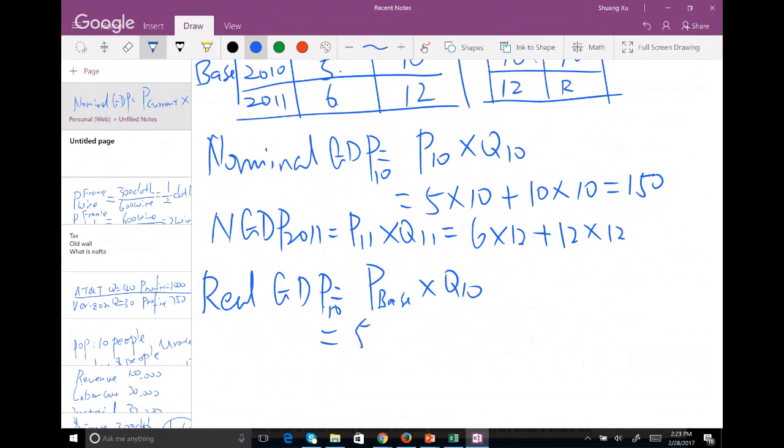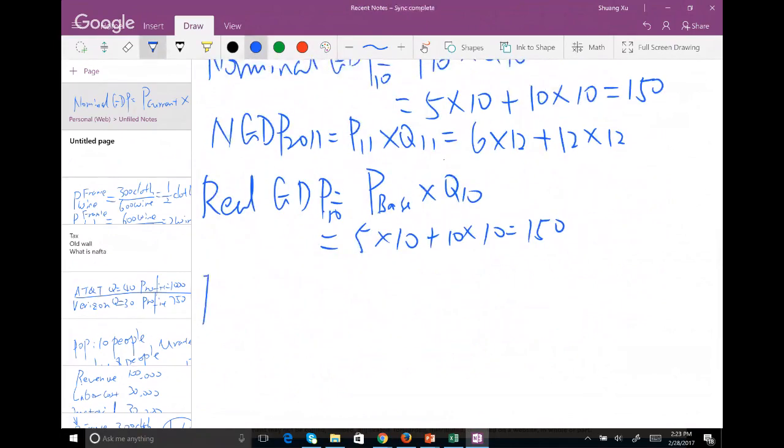So 5 times 10 plus 10 times 10, and that still gives you 150. Now for real GDP in 2011, that'll be a little different. Real GDP in 2011 will be your price in the same base year, which is the price in 2010, times quantity in 2011.